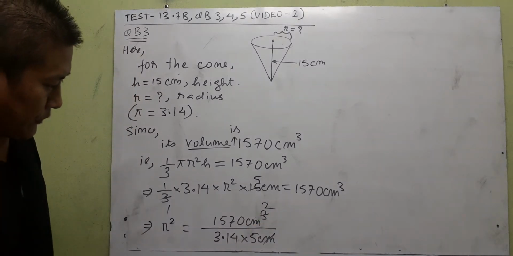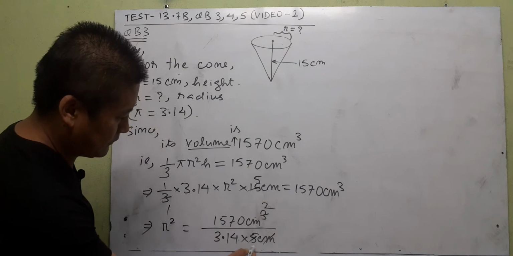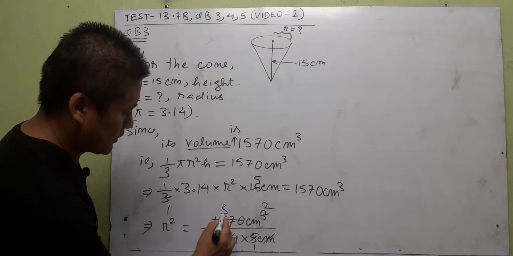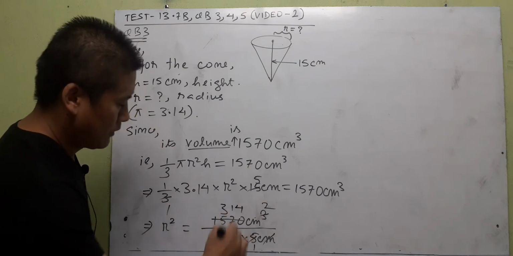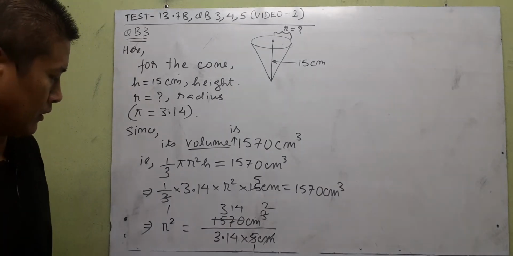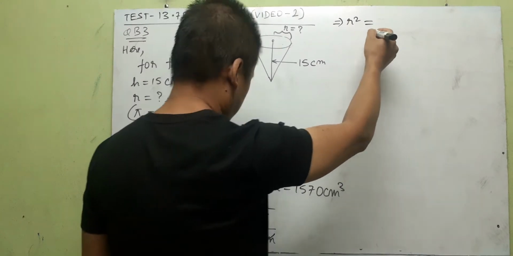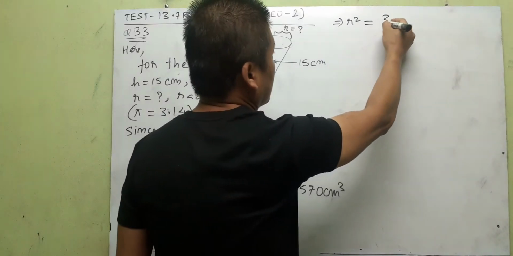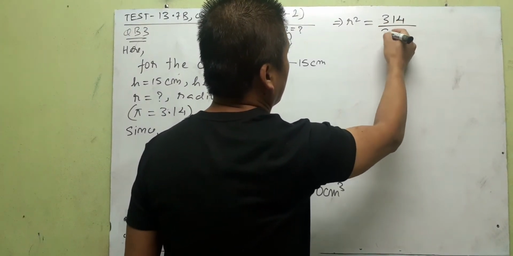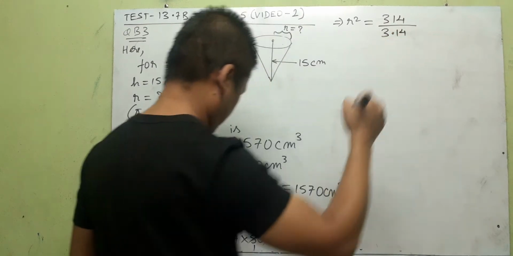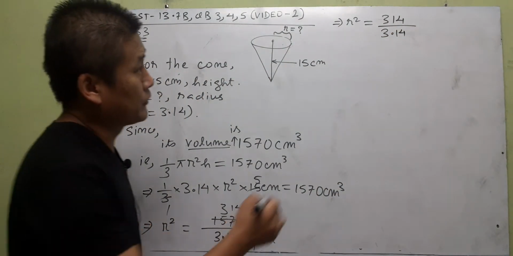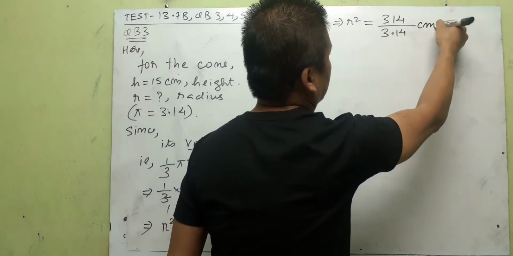Now we can cancel this also. 5 ones are 5, 5 3s are 15, 5 4s are 20. So we get r square is equal to 314 divided by 3.14. Nothing else left. And here, of course, the centimeter square.